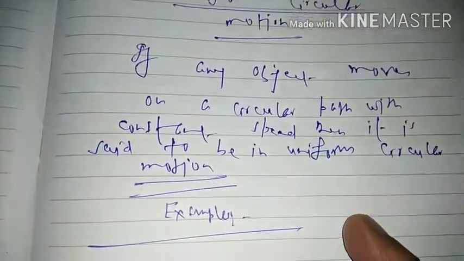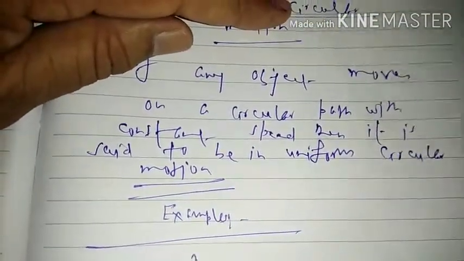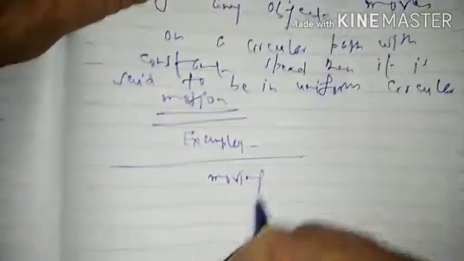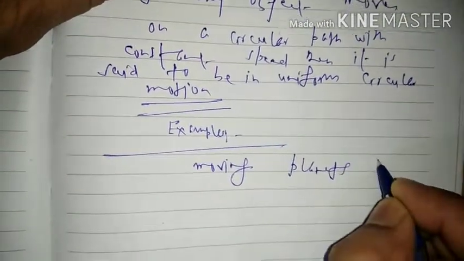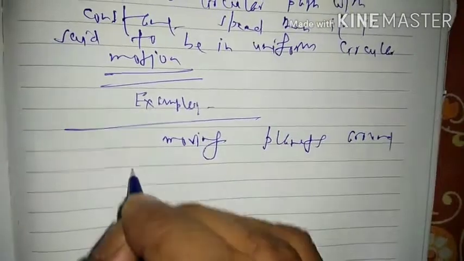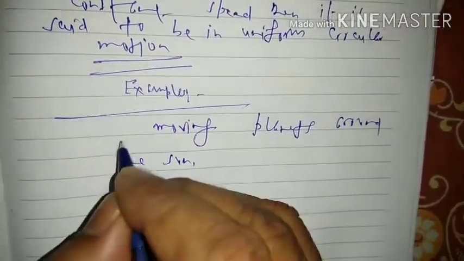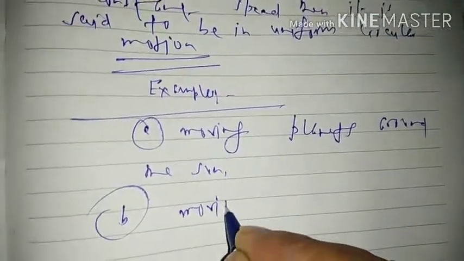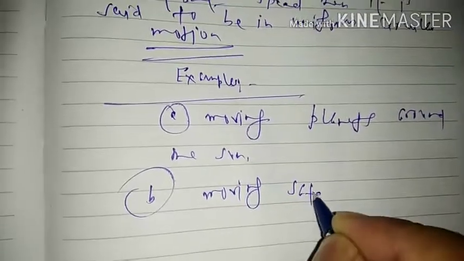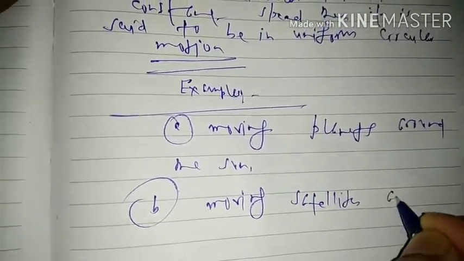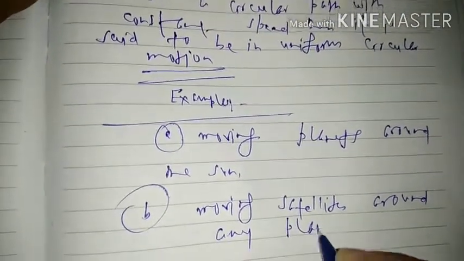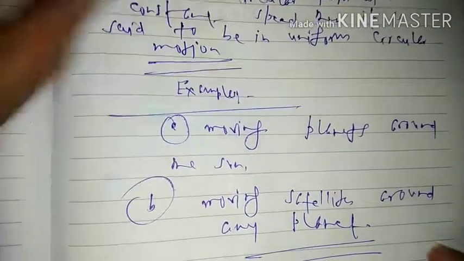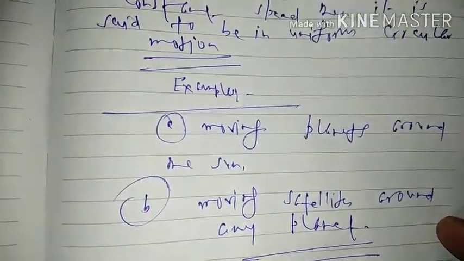That is, planets moving around the sun, satellites moving around any planet. These are examples of uniform circular motion.